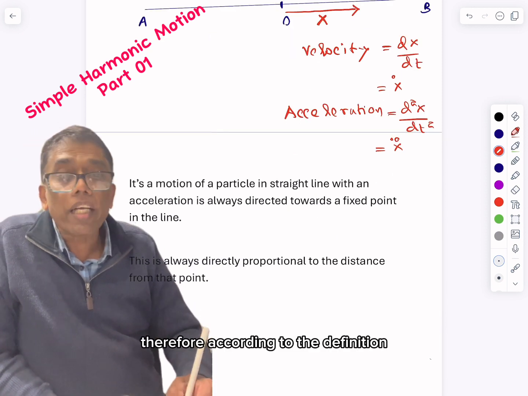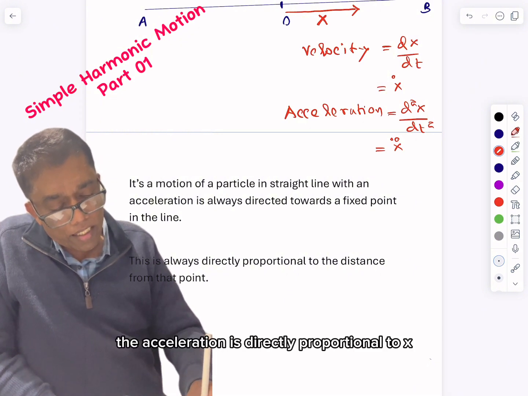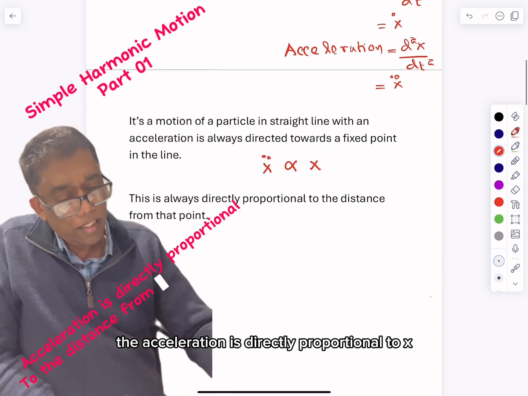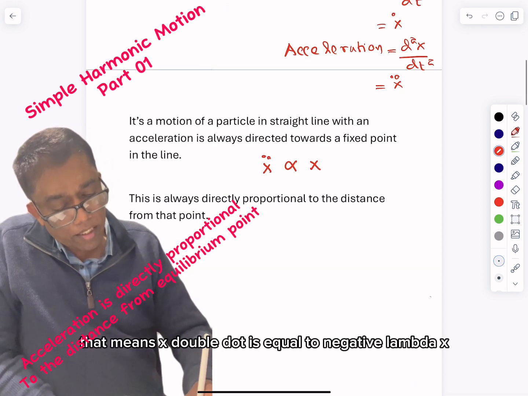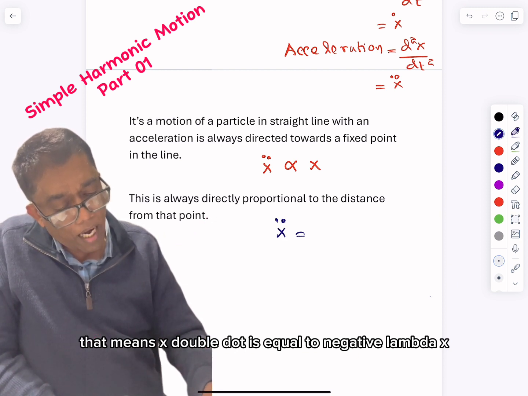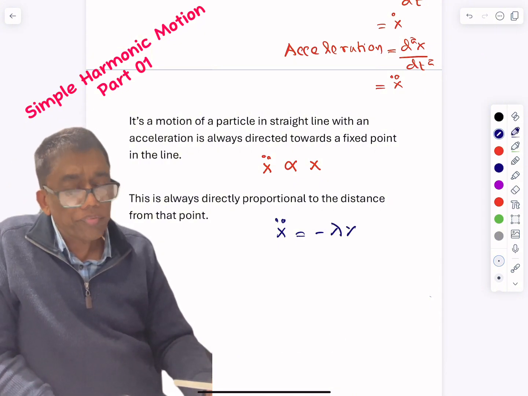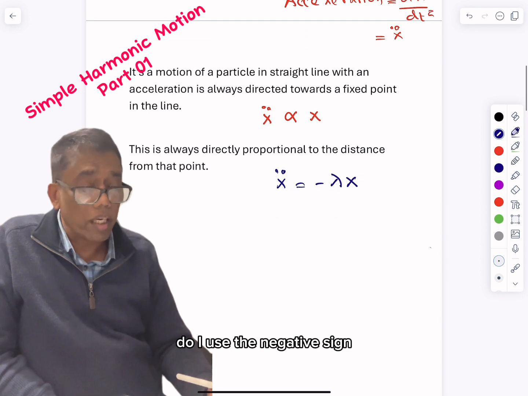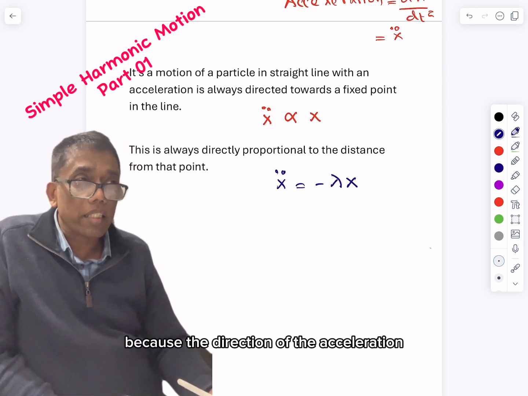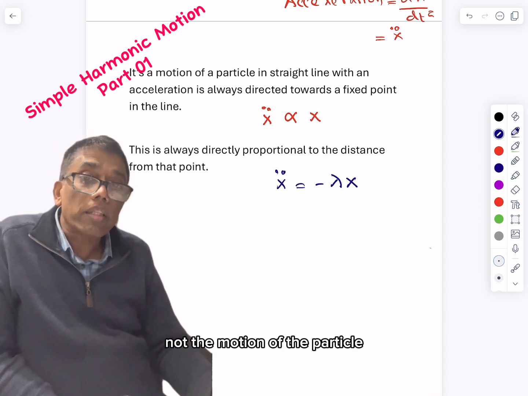Therefore, according to the definition, x double dot, the acceleration, is directly proportional to x. That means x double dot is equal to negative lambda x. Why do I use the negative sign? Because the direction of the acceleration is always opposite to the direction of the motion of the particle.